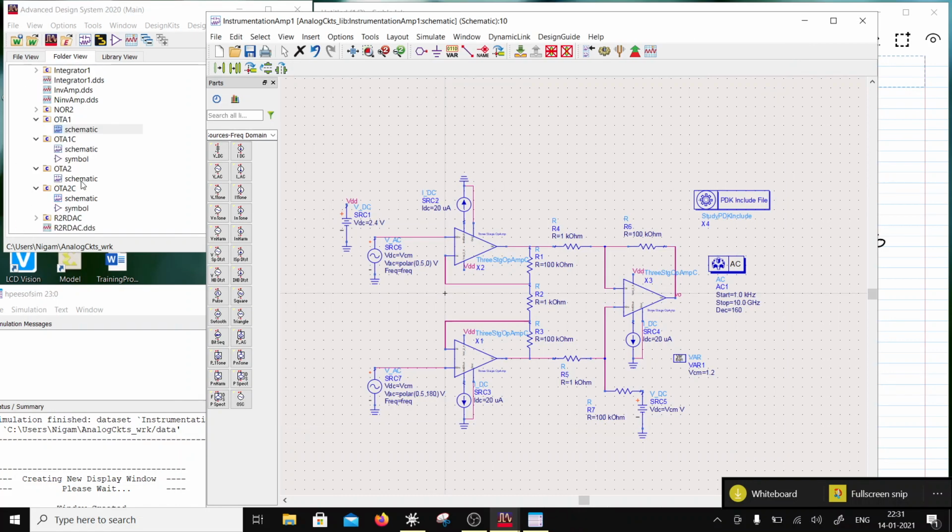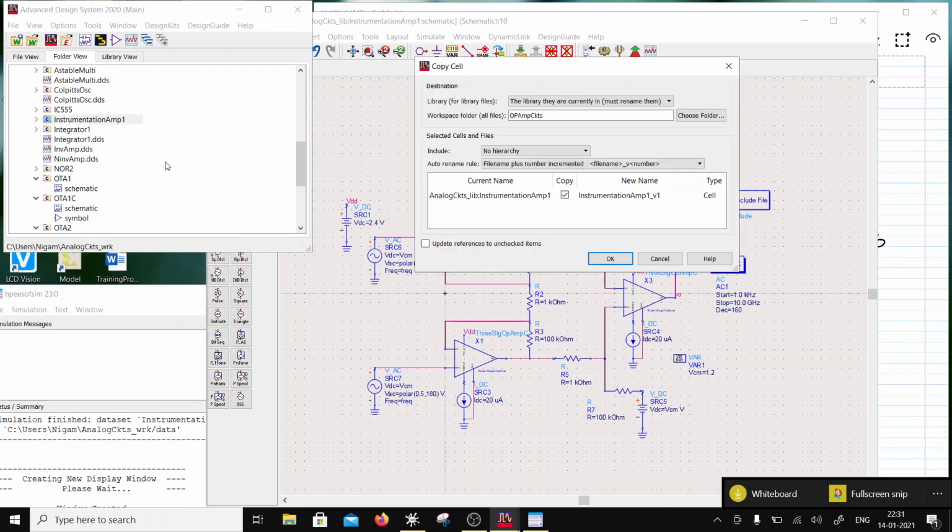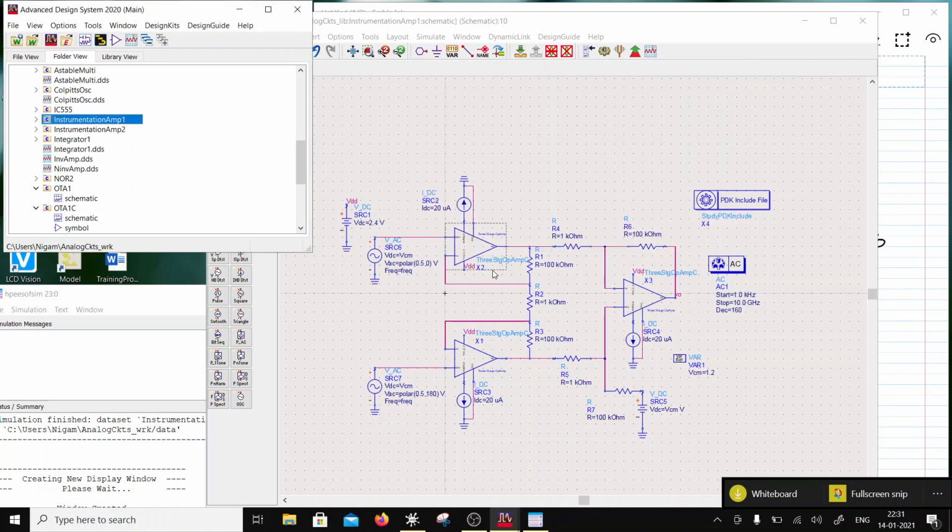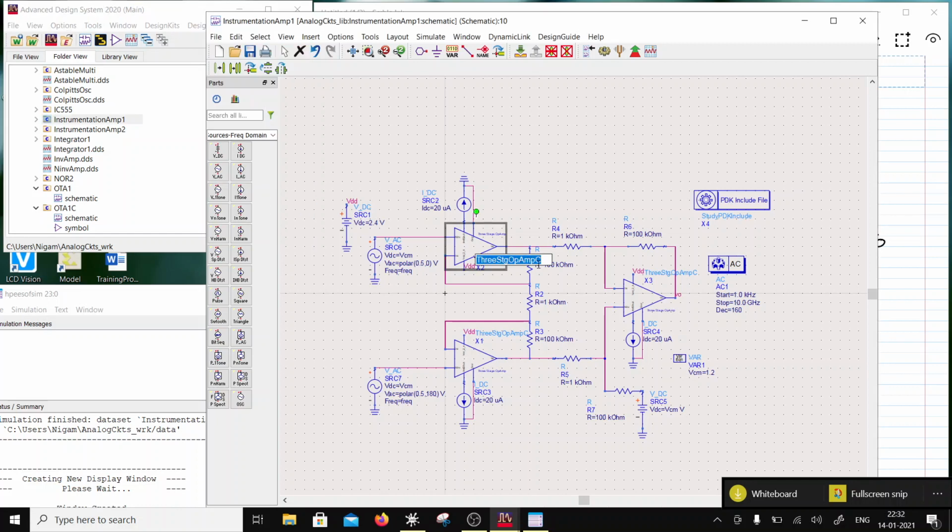Now I'm going to copy this cell as instrumentation amplifier 2. Copy cell. Okay, so I will copy this as instrumentation amplifier 2, right? And over here I am going to replace it with OTA 2C, right?